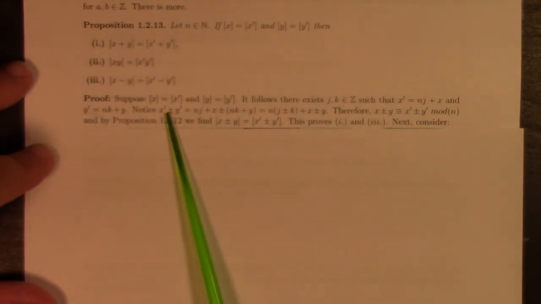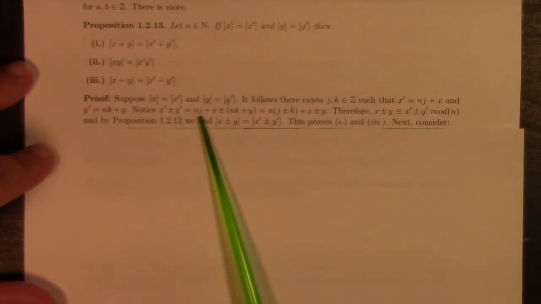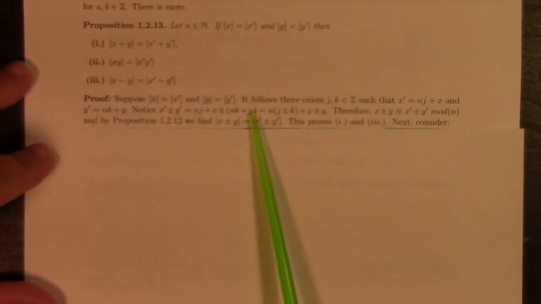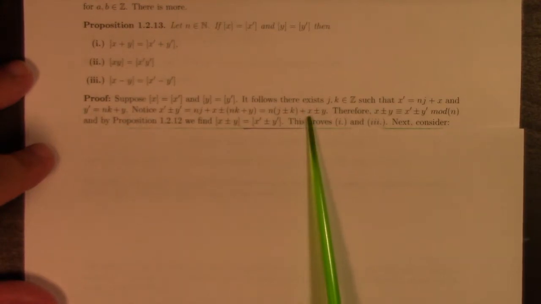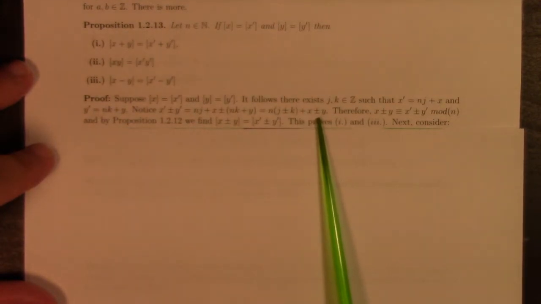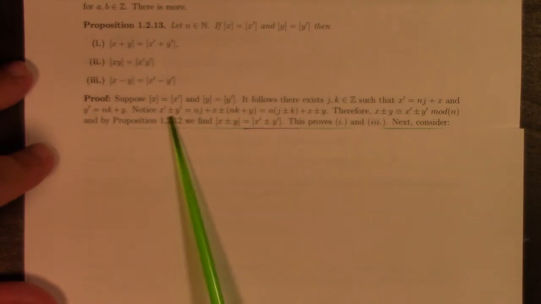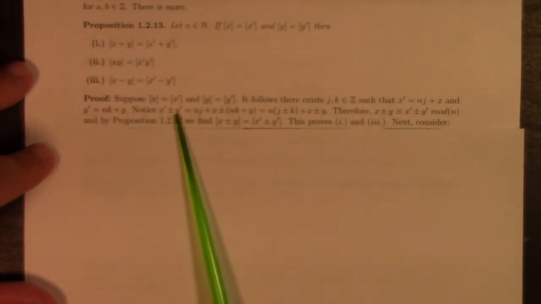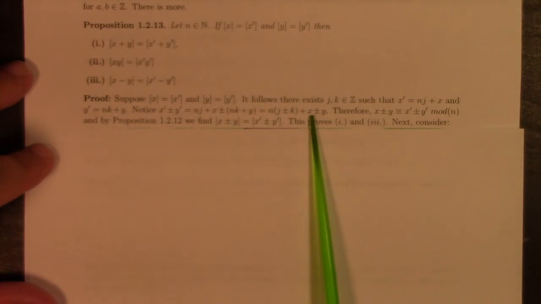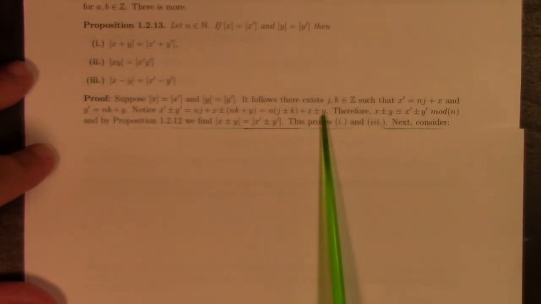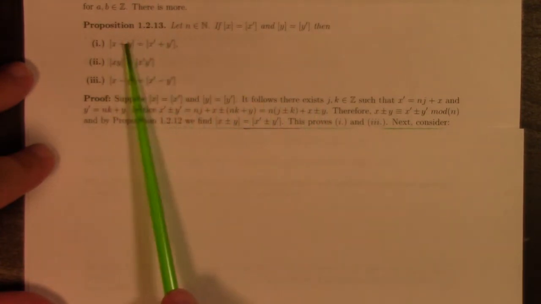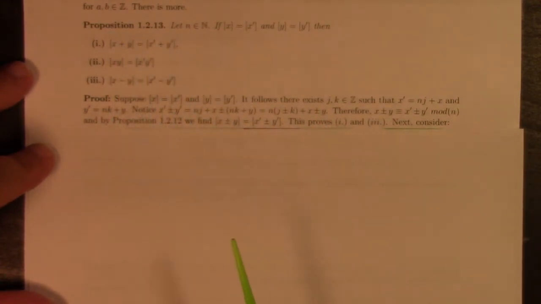Anyway, fine. x prime plus or minus y prime is nj plus x plus or minus nk plus y, but then you can rearrange the n terms and the x plus or minus y like so, and that shows you that x prime plus or minus y prime is congruent to x plus or minus y, right? Which is to say that these two equivalence classes are the same thing, because their representatives are congruent.